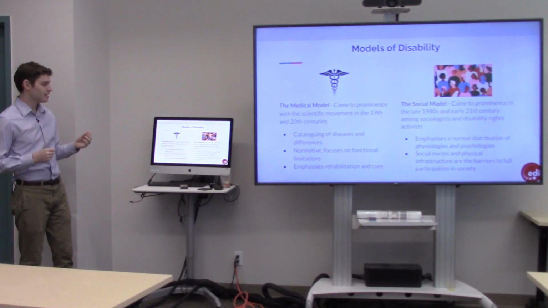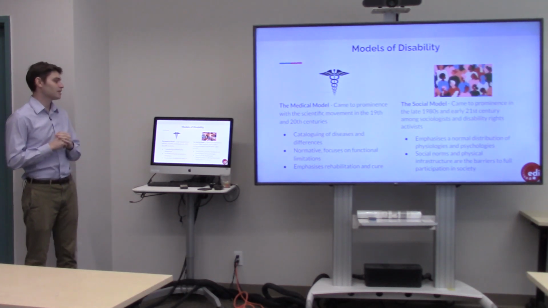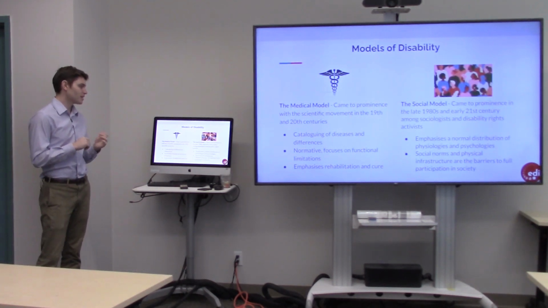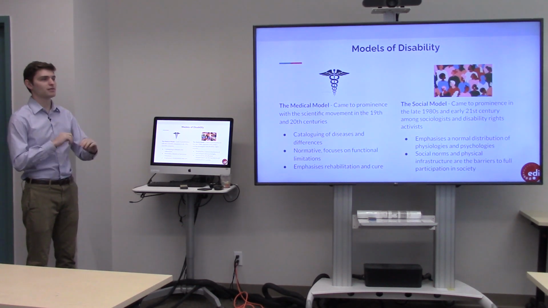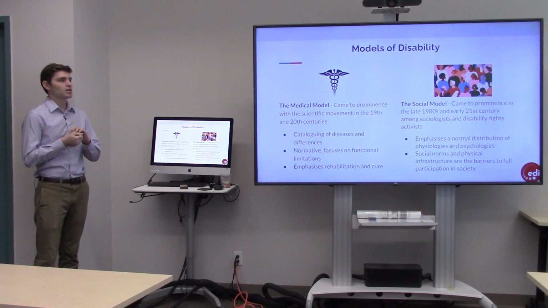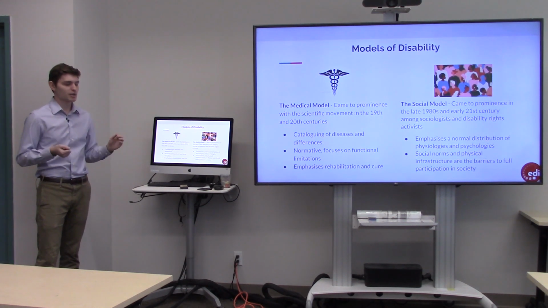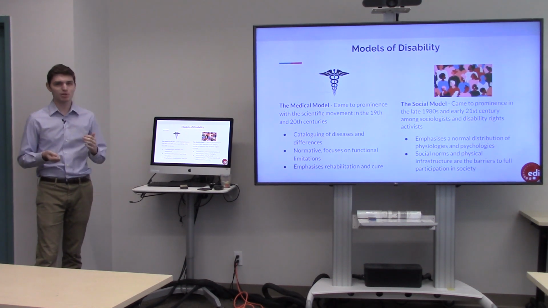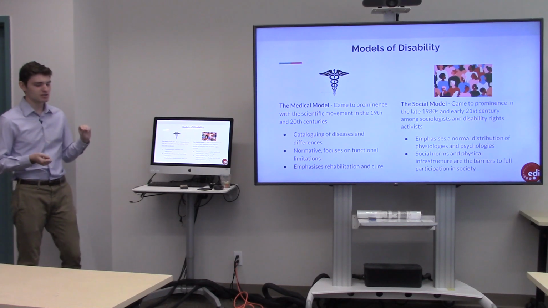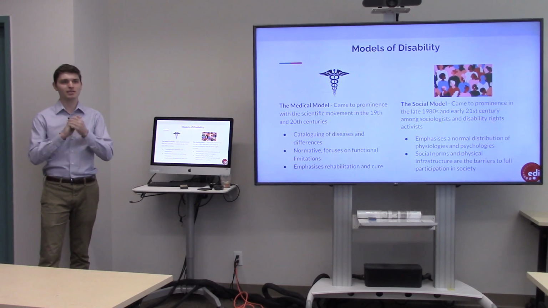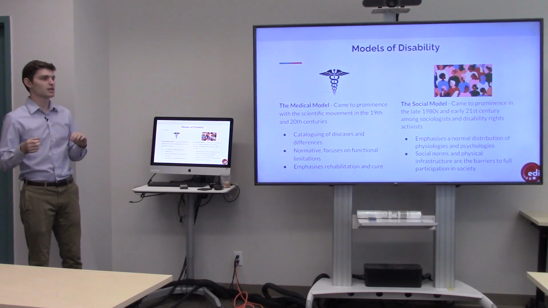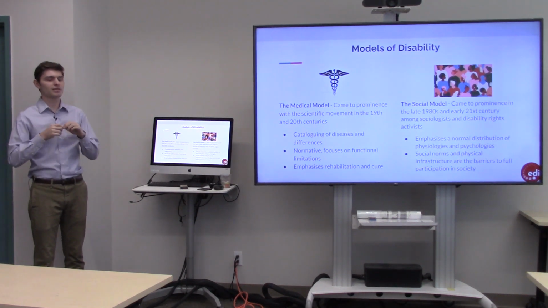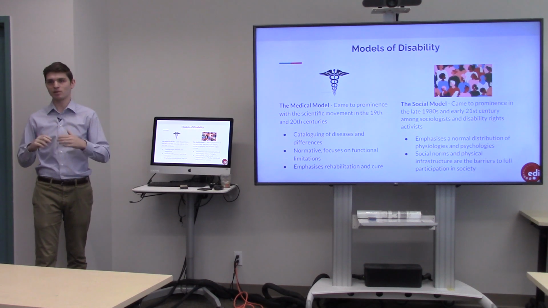More recently, sociologists, legal rights scholars, and disability rights activists have developed the social model, which reinterprets disability as an experience, and what they really focus on is disambiguating impairment as a physical or psychological difference from the stigma associated with disability as an identity.